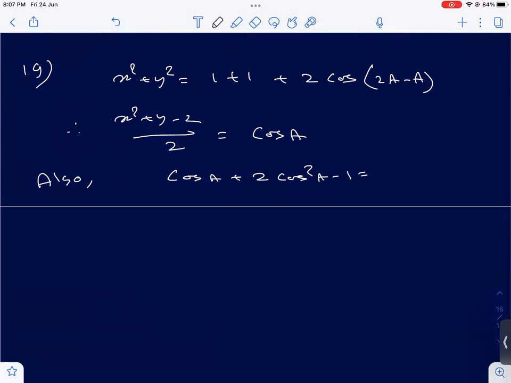This is y, because cos 2A equal to 2 cos square A minus 1, this term I am using.